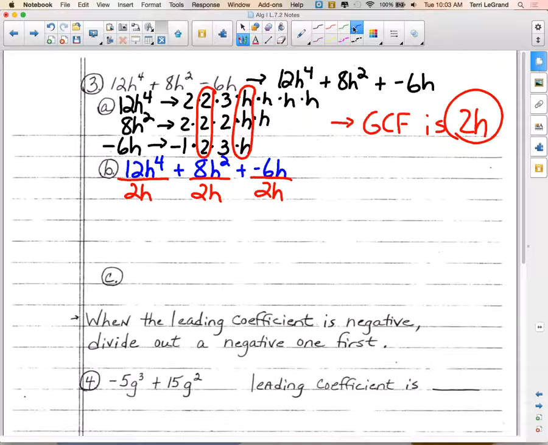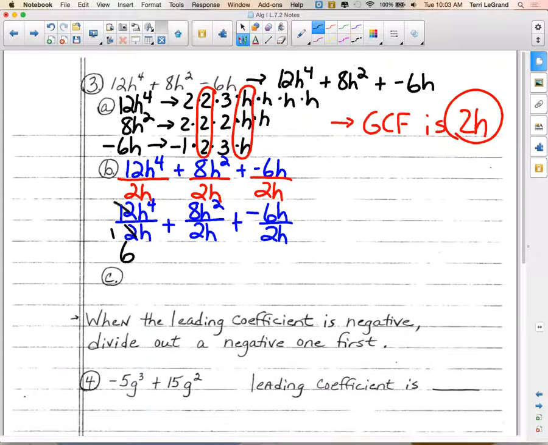Apparently I wanted us to have enough room to make sure that we could show this well, so we're going to write it again, and this is where we're going to do our work. Okay, 12 divided by 2 is 6. H to the 4th divided by h is h to the 3rd.